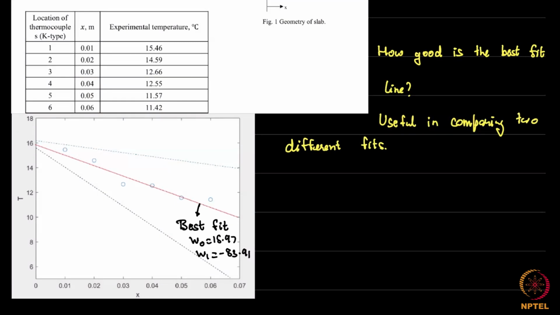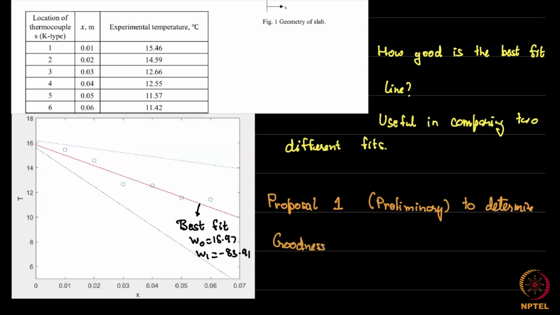Okay, so here is an idea. We'll start with a preliminary proposal, which I'll call proposal 1. This is not quite accurate, but it will give us an idea of how to proceed to determine goodness of fit. The idea is very simple. We look at how good this fit is by finding out the error.